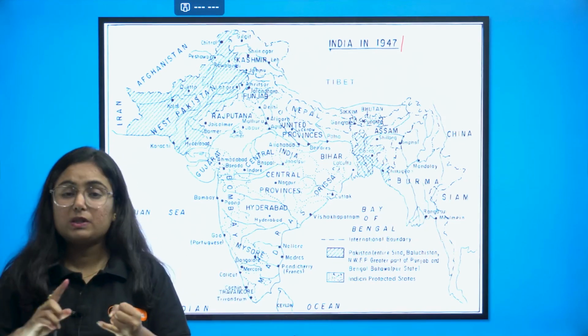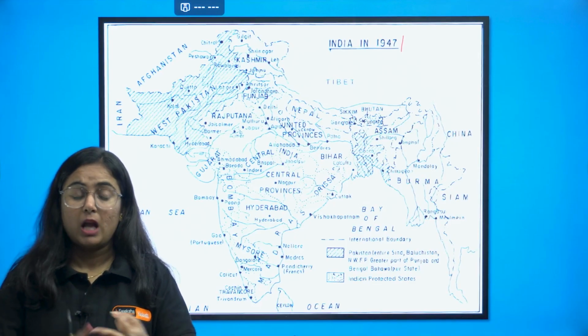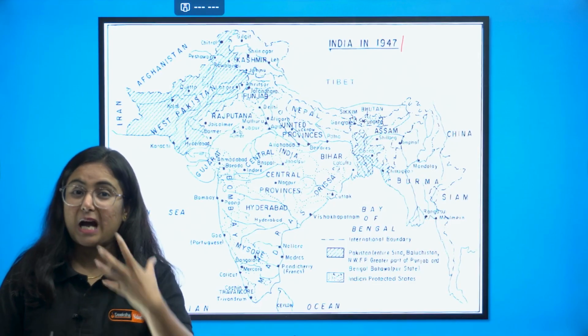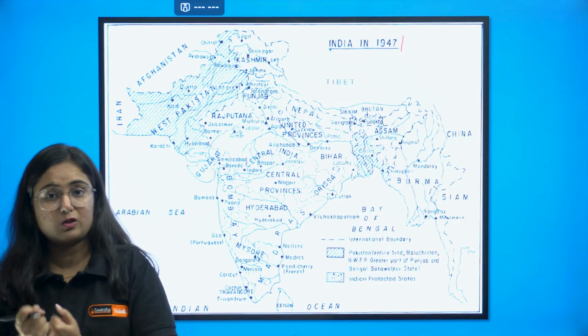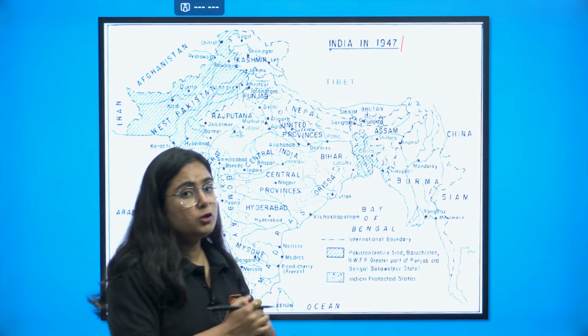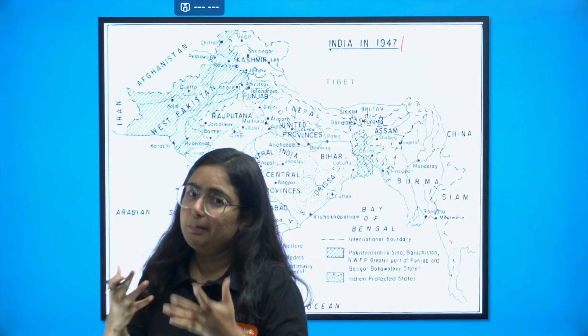Because we have so many languages, so many cultures, traditions. The administration prior to United India was quite different in all the regions also. So to bring them all together was a task for our constitution makers.